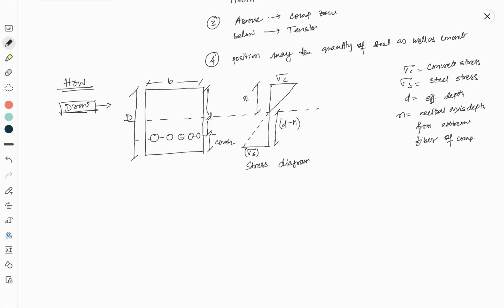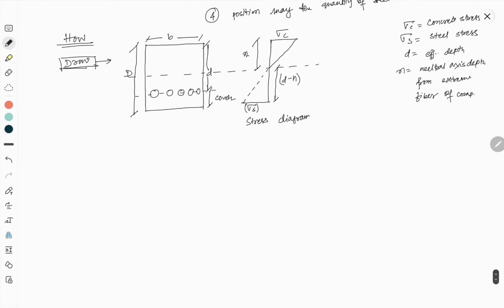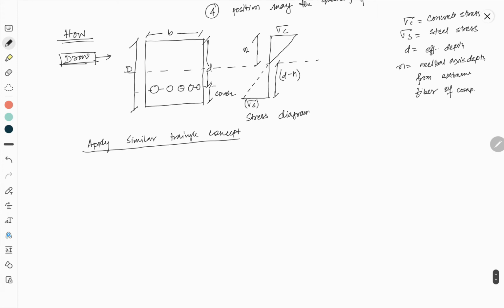Now, if we apply the similar triangle concept, then we can write sigma c by n is equal to sigma s by d minus n.